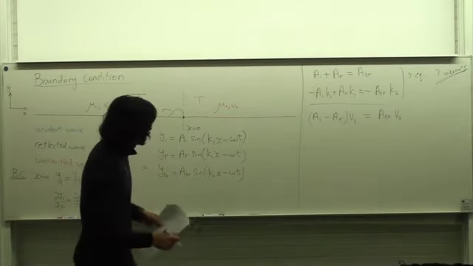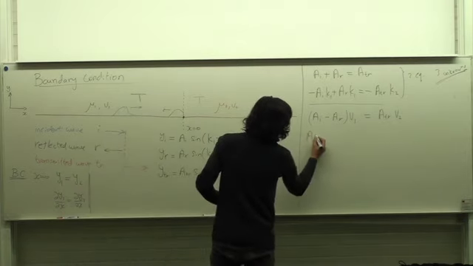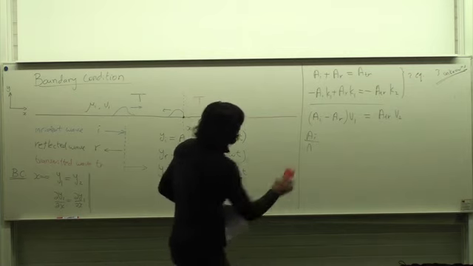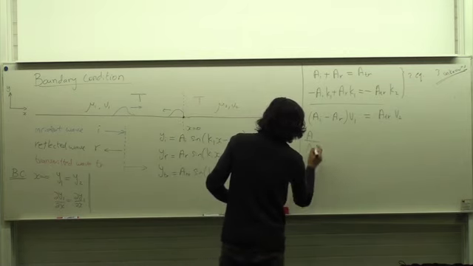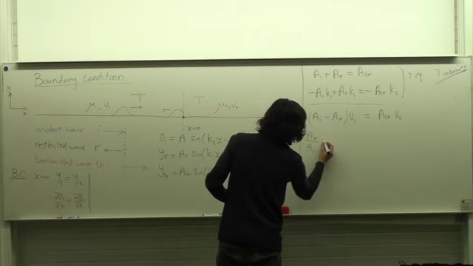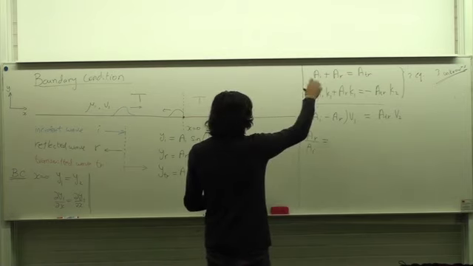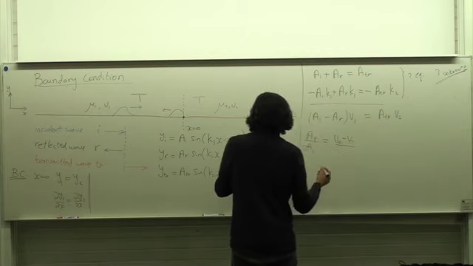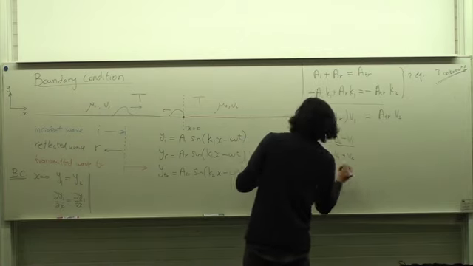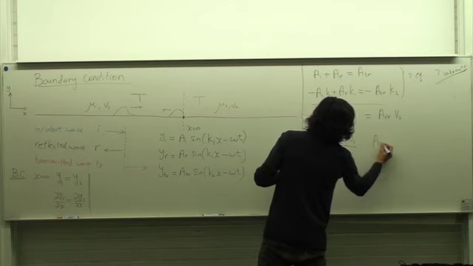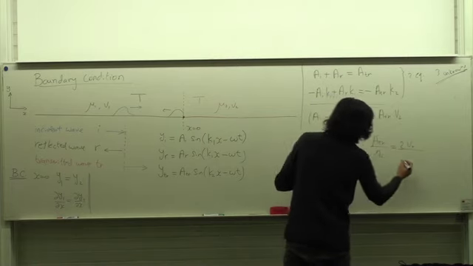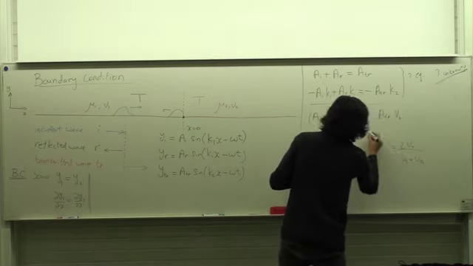Now we can write the ratio A_R over A_I, and if you solve the equations, it gives you V2 minus V1 divided by V1 plus V2, and A_TR divided by A_I would give you 2 V2 divided by V1 plus V2.